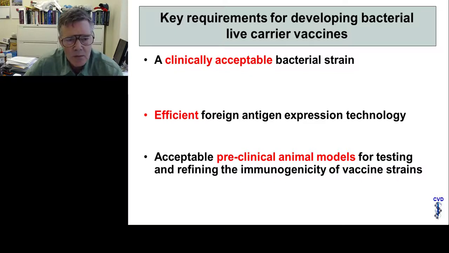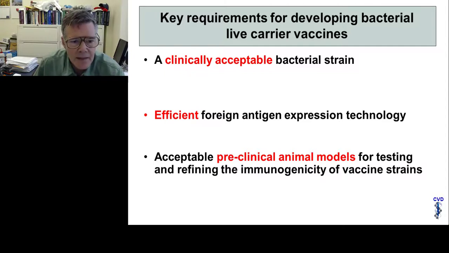For reasons I will try to get into here, CVD908-htrA was not a good vaccine strain to adapt to become a carrier vaccine. So I re-engineered a strain called CVD910 with attenuation comparable to the clinically acceptable CVD908-htrA.